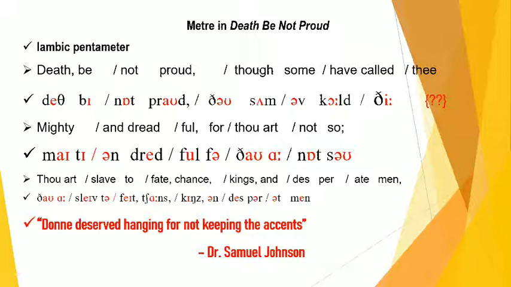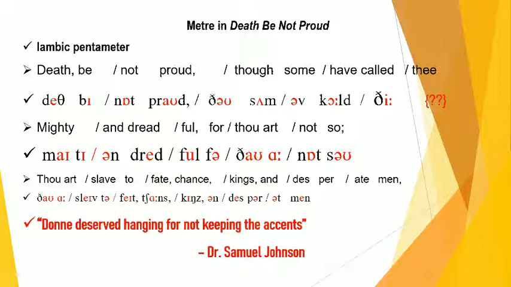I have transcribed the next line in IPA symbols, but here are only 9 syllables. "Mighty and dreadful, for thou art not so." Mighty, 2 syllables, and dread, 4, for thou, 6, art, 8, not so, 10. In this line there are 10 syllables and this is a perfect iambic pentameter line.